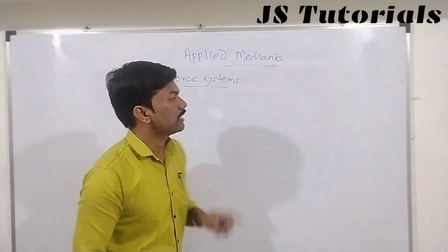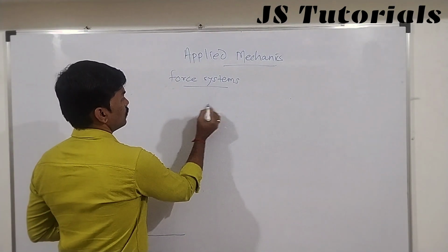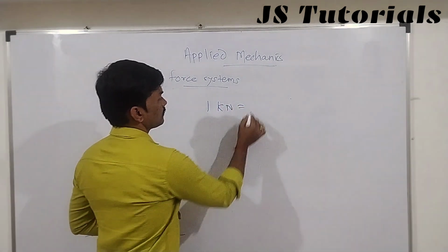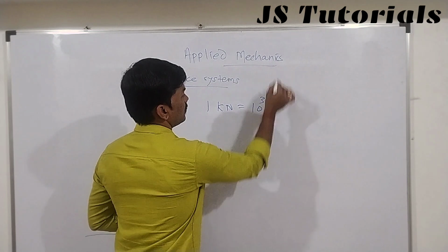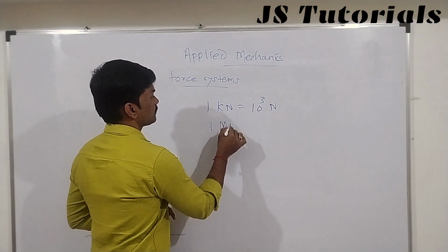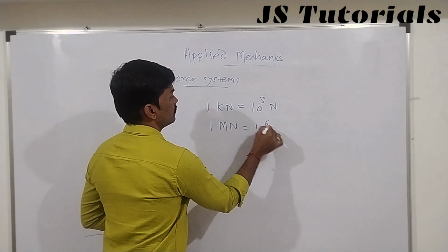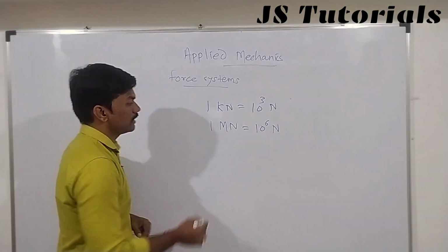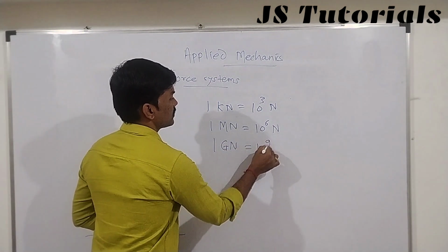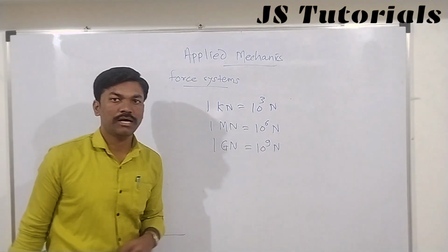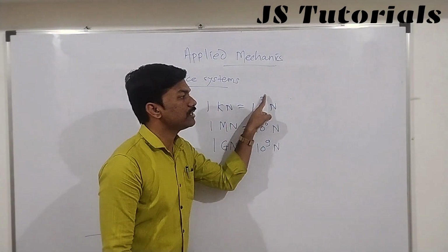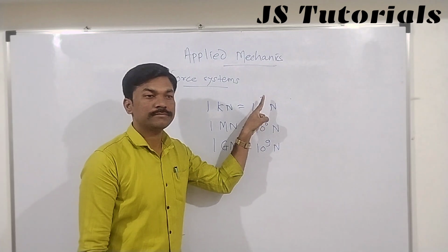So one relation should be known to the student: 1 kilonewton is equal to 10 raised to 3 newtons, 1 meganewton is equal to 10 raised to 6 newtons, and 1 giganewton, that is GN, is equal to 10 raised to 9 newtons. How can it be remembered? K stands for 10 raised to 3, which means 1000.